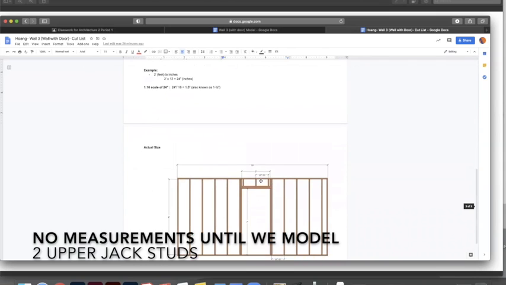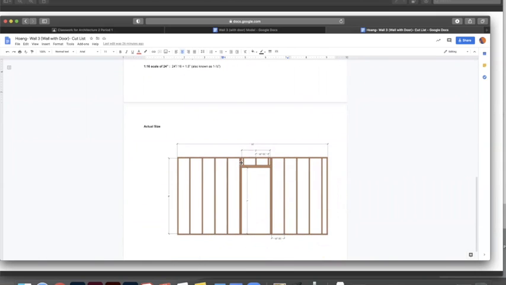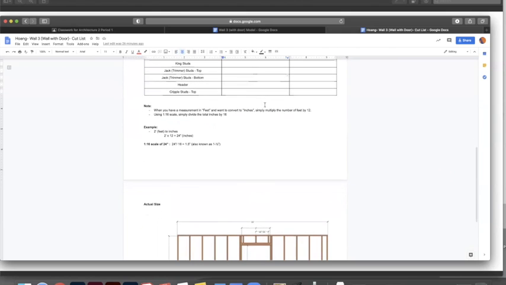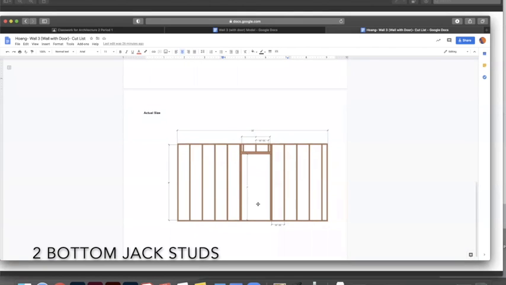We're going to do the math after the fact, because we don't want to do the math for that now until we actually do the measurement for that. So just keep this blank. You're going to have 2 of this, keep this blank. Same thing with the bottom jack stud. We can actually do the measurement for that because it's given to you. It is 7 feet. So we need 2 bottom jack studs. Let's do the math for that.